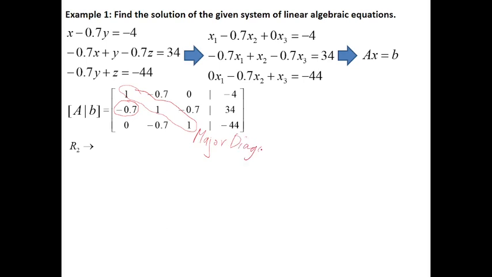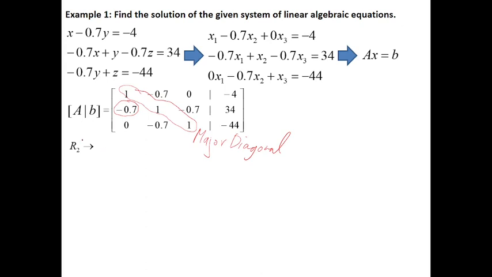Now, considering that, negative 0.7 should be converted to 0. So in other words, if this should be converted to 0, that means 1, negative 0.7, and 34 will change. So they will change.